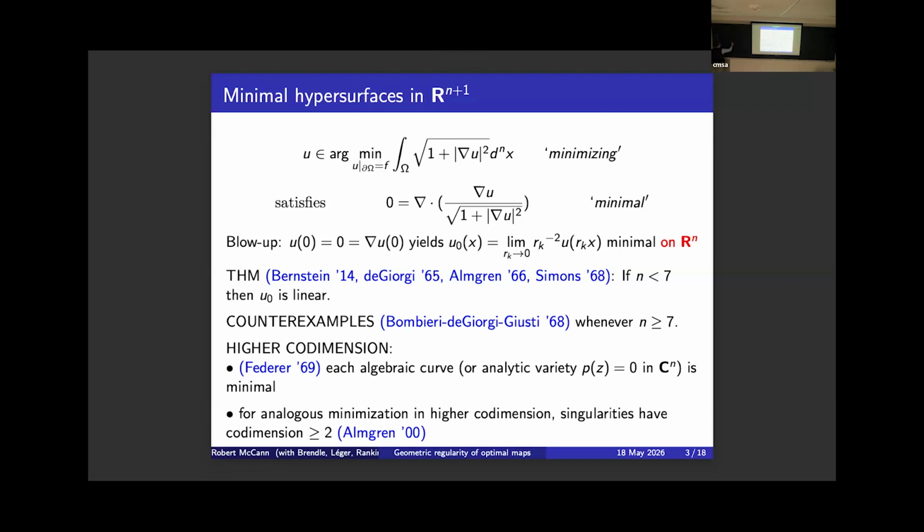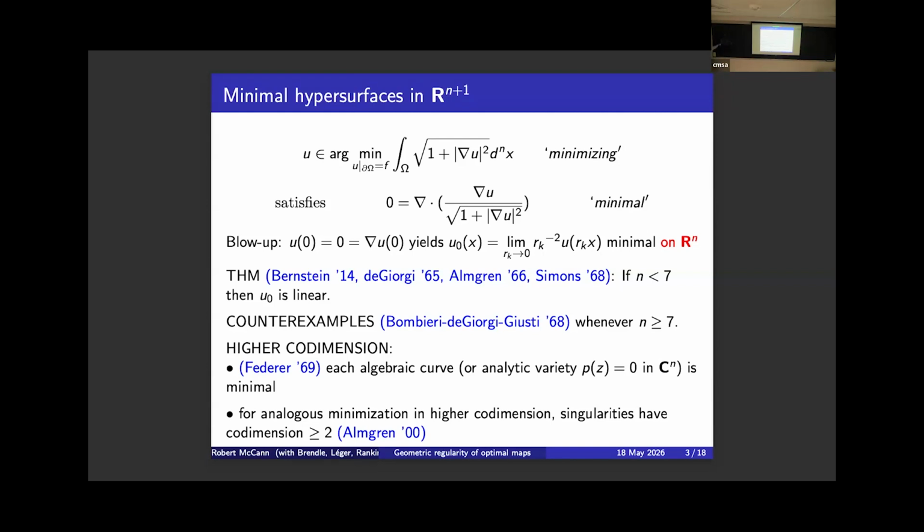Let me tell the story in 2 dimensions first. If you have R across R, and you look at the circle and divide it into 4 quadrants, and you ask for a function that's 1 here and 0 there, there are a couple of different competitors. There's one that's 1 in this region and 0 here, and another that's 1 in this region and 0 out there, and another that's 0 here and 1 over here.